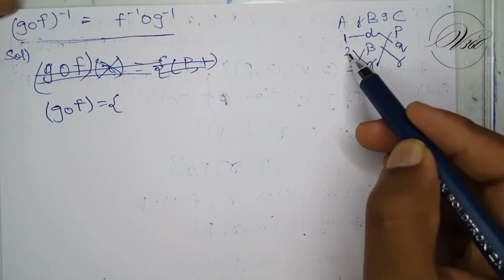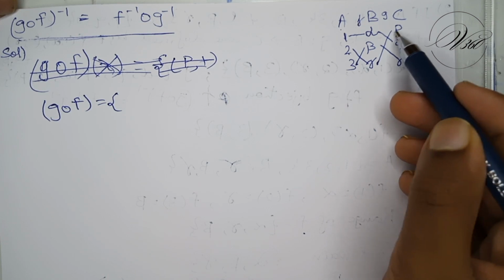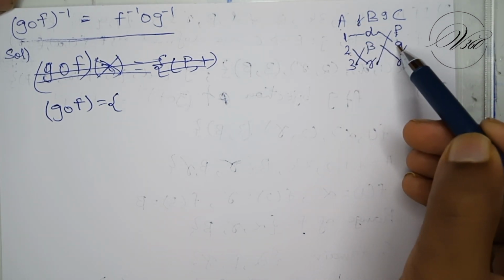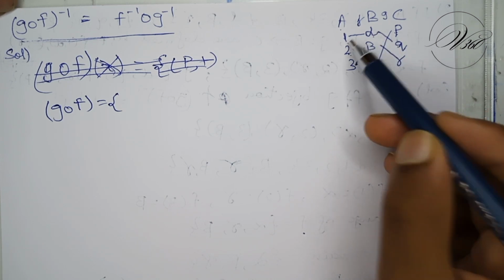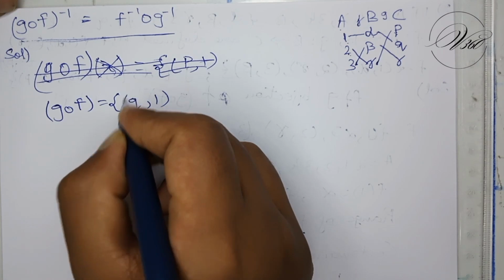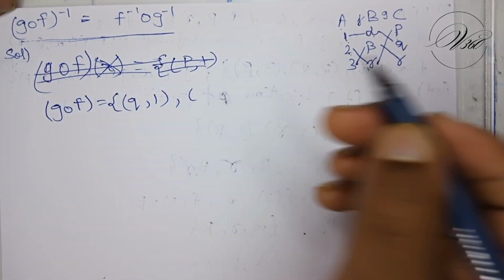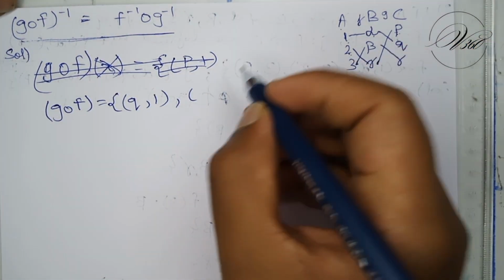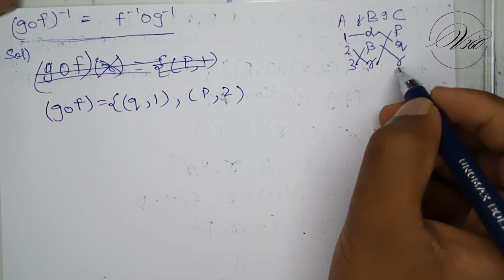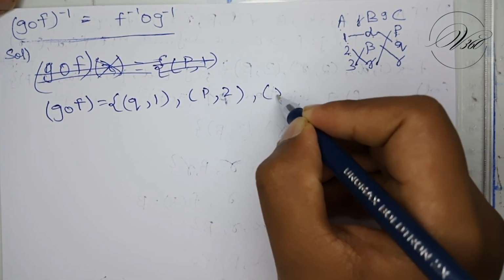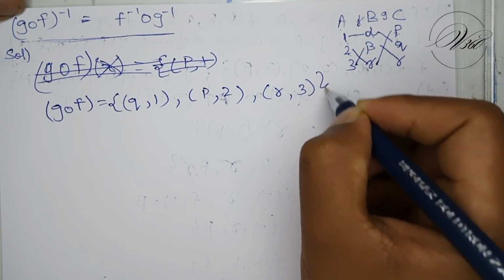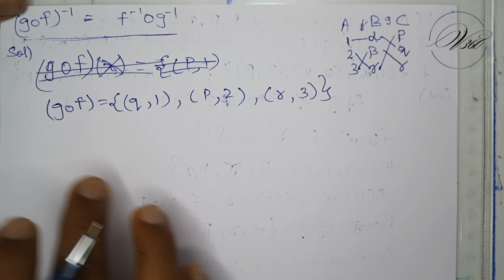Here 2, P gamma and 2, first I should write 1, no, so Q alpha 1, Q to 1, and now the second one, that is P to 2, and the third one R to 3. This is G of F.